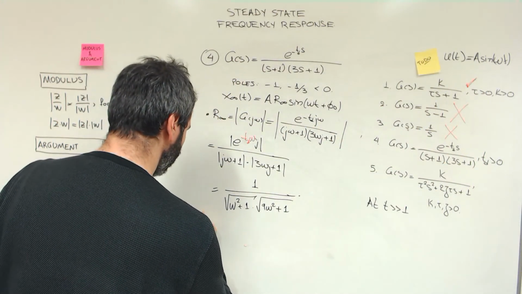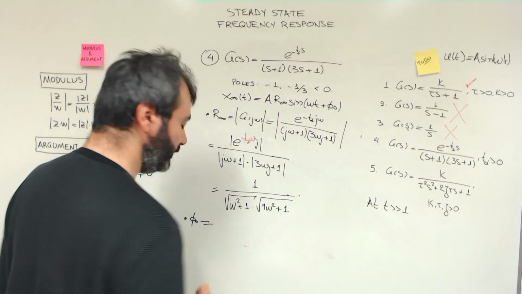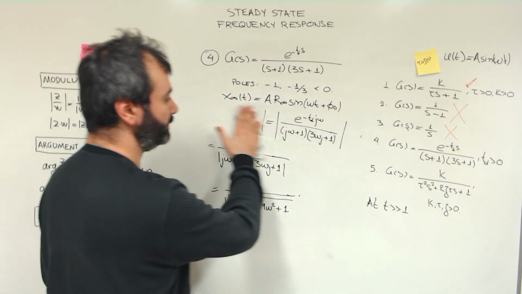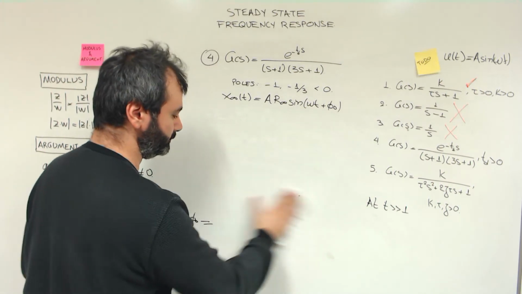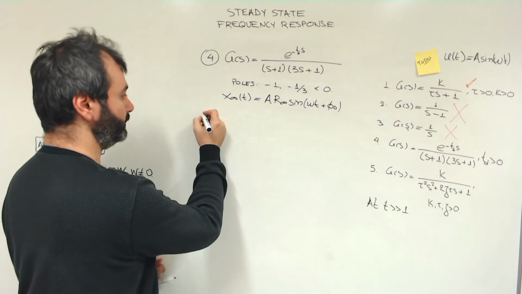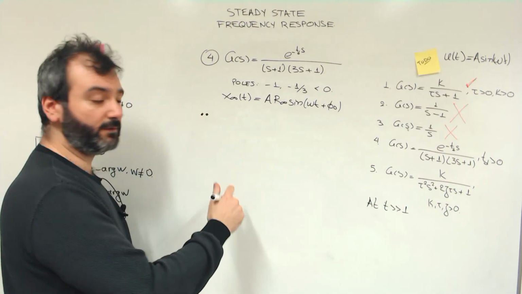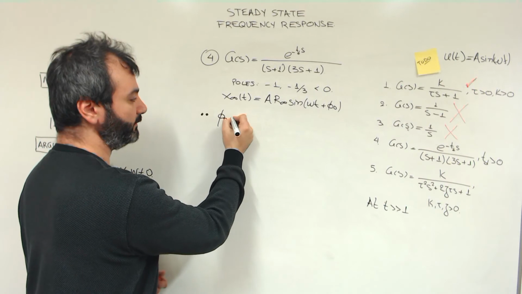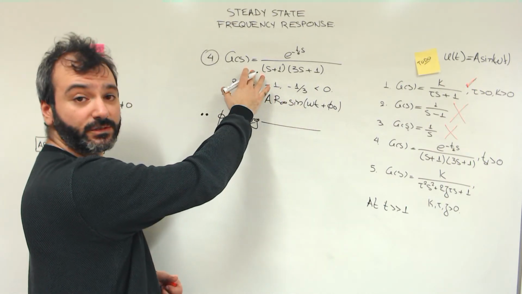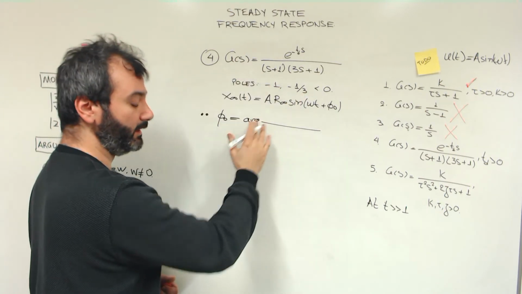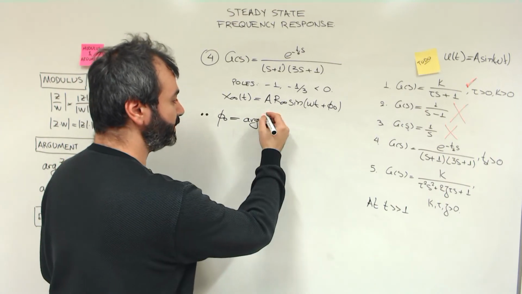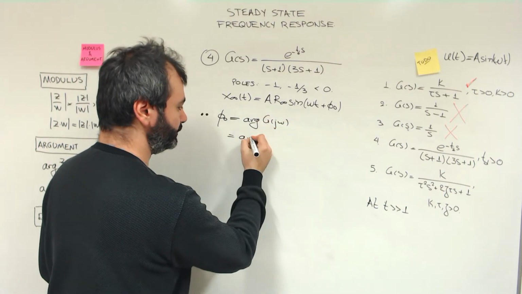Let's now determine phi 0, the phase lag. Let me better erase this part. Now the second half of the exercise is to determine phi 0, which is the argument of the transfer function evaluated at j omega. So let me write the argument of g at j omega.